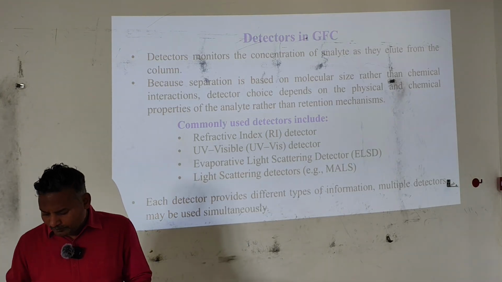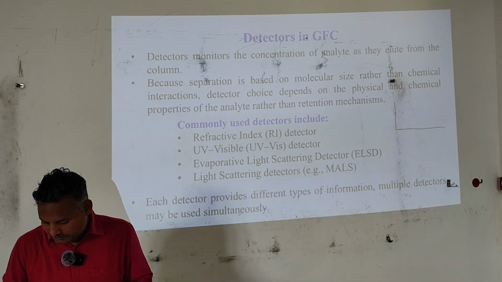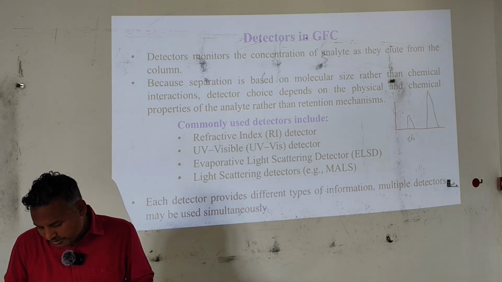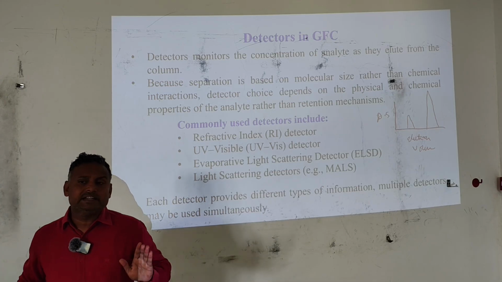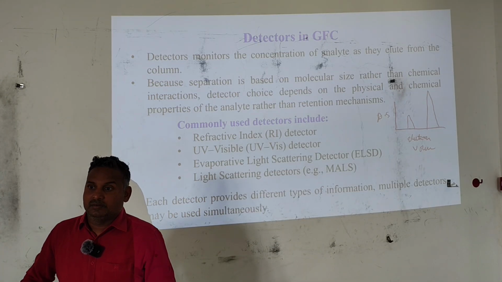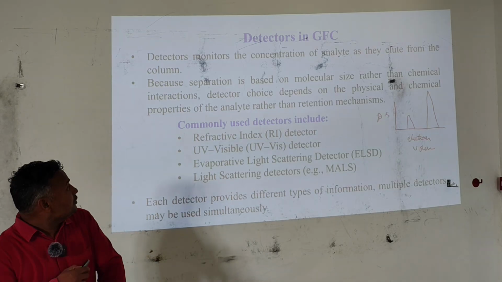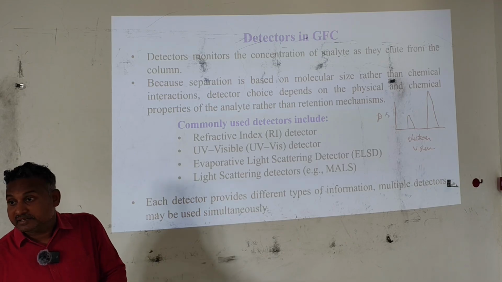For example, if you see here, if there is a chromatogram, this is elution volume and this is detector signal. I am writing detector signal because the signal is different for different detectors. For example, if you are using a refractive index detector, the detector signal will be RI, refractive index.